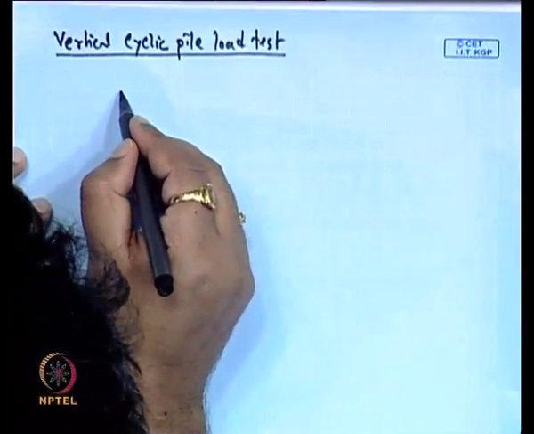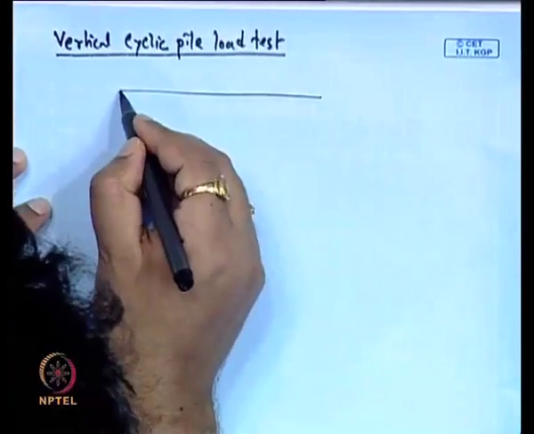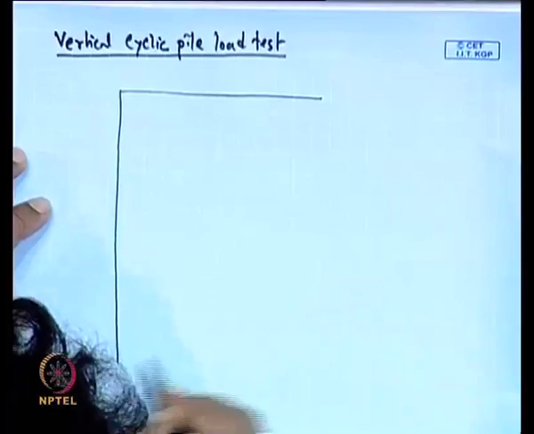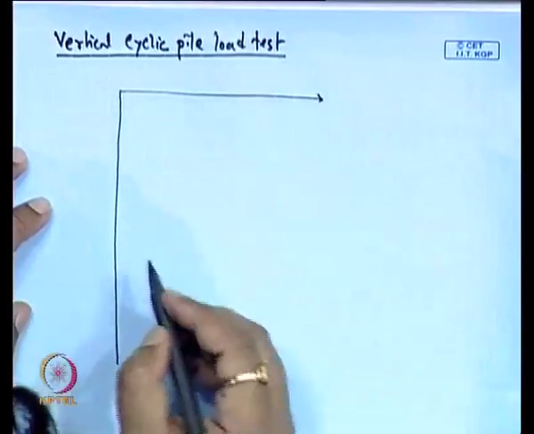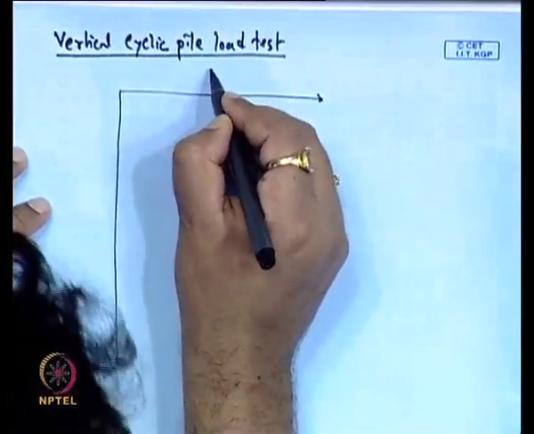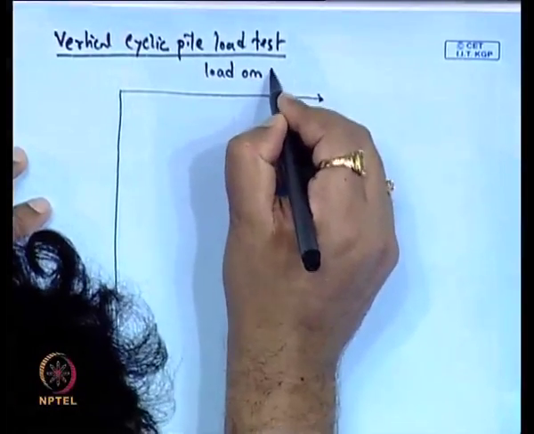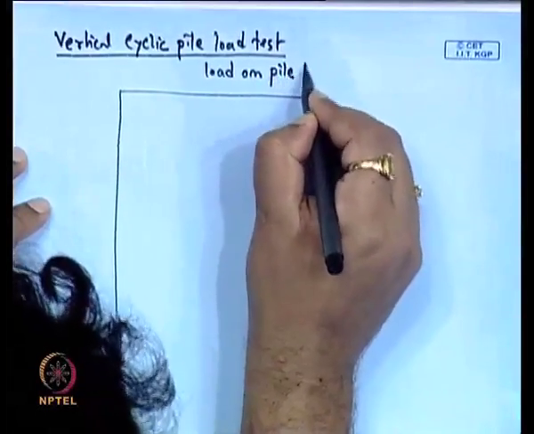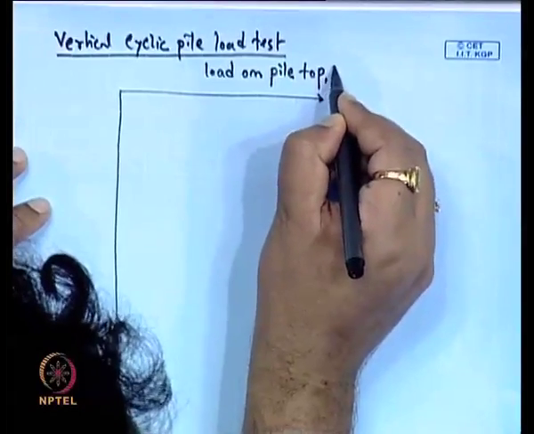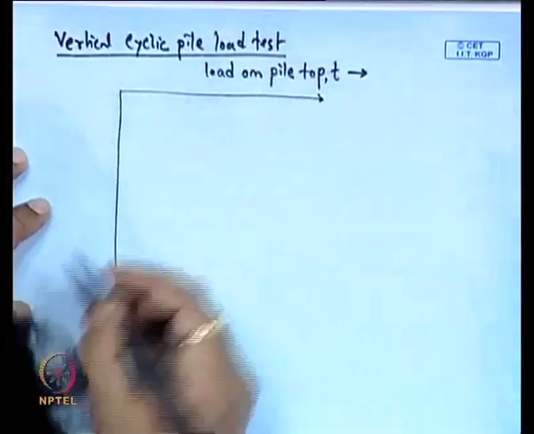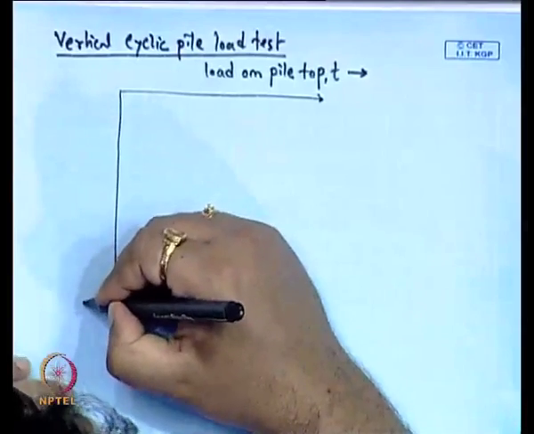Now, the graph that we will get: suppose this is Q, the load on the pile top, in tons, and this is the settlement in millimeter.